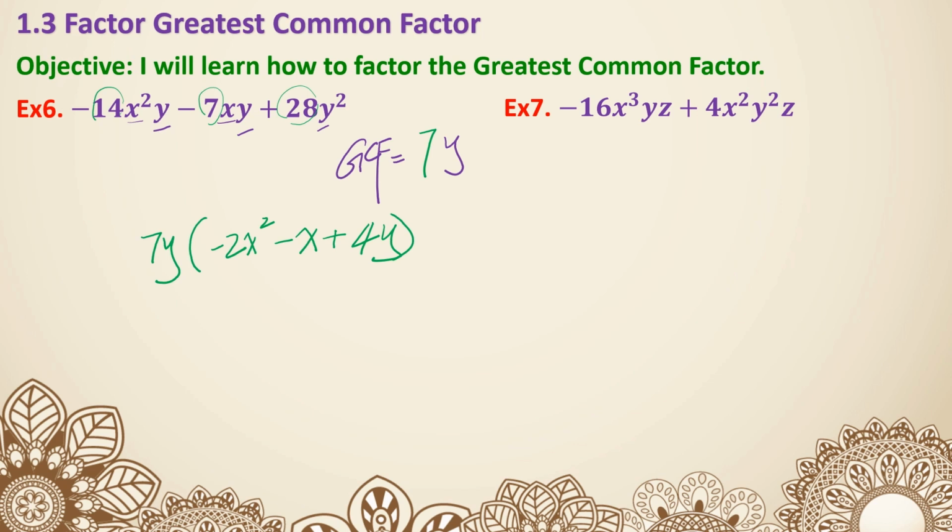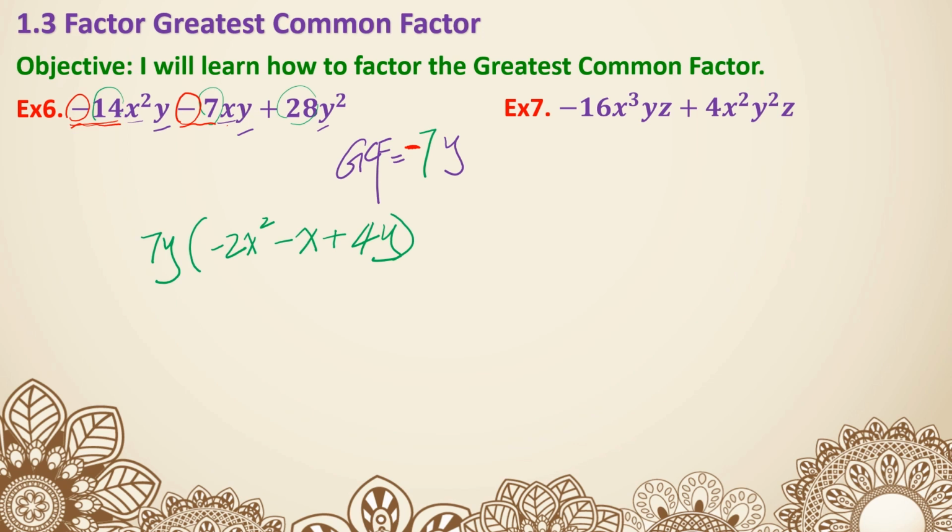Now, there is something very important and a bit special for this. Something to remind you. A lot of time when we do distribution, we always say the sign in the front of the number is actually together with the number. If that is together with the number, in other words, the first number is negative 14, second number is negative 7, third number is 28, they actually have not just a 7 as the GCF, it's actually a negative 7.